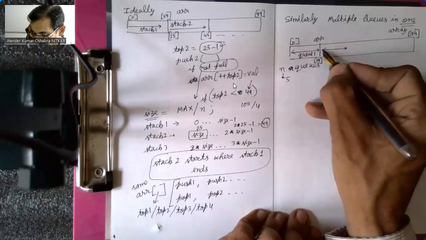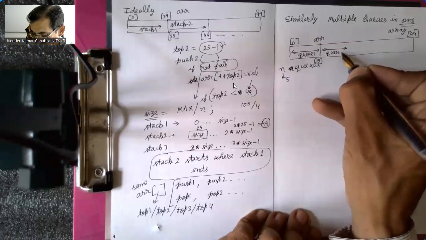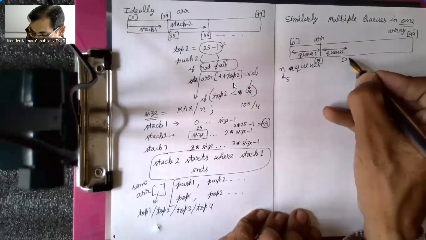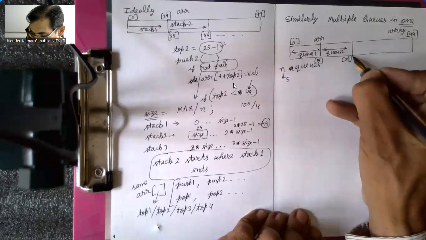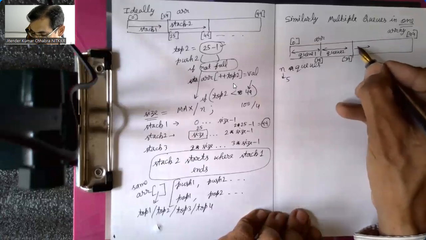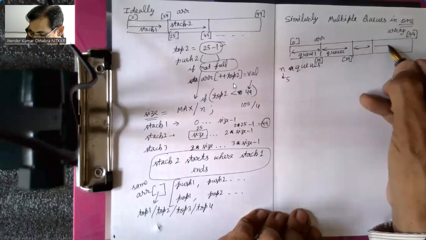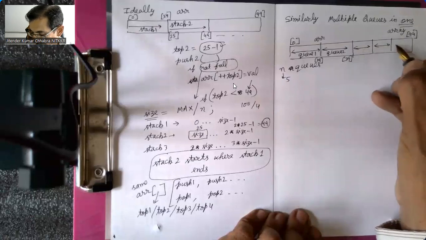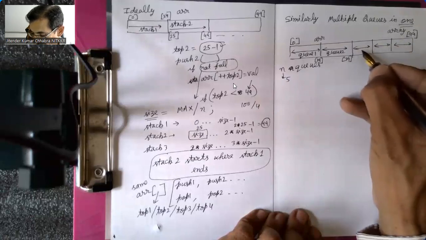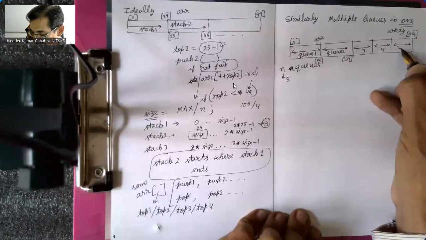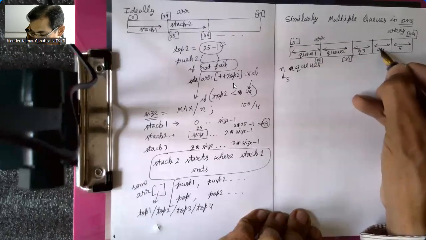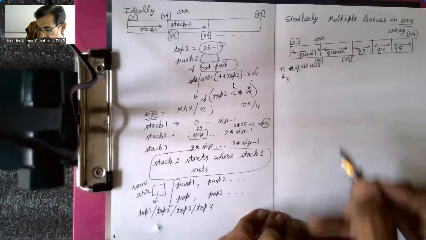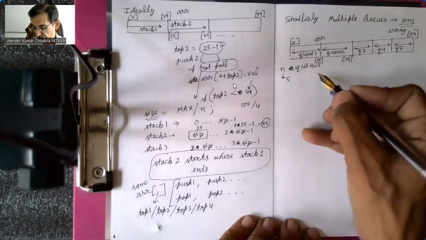Next 20 used for Q2. That will start with 20 and end at 39. Similarly, Q3, Q4 and Q5. So these boundaries again I can define.